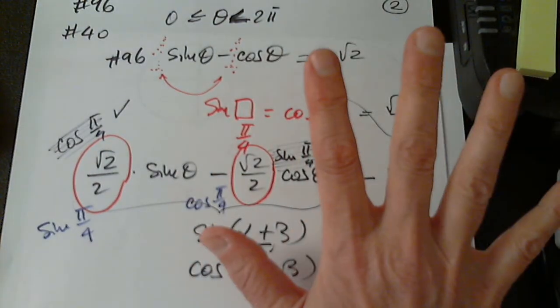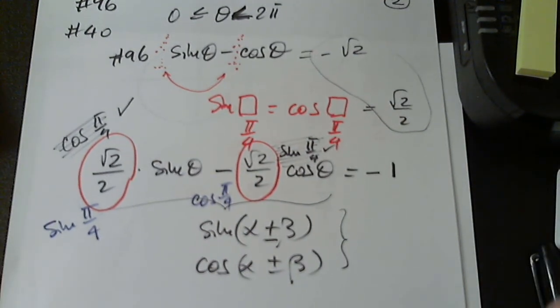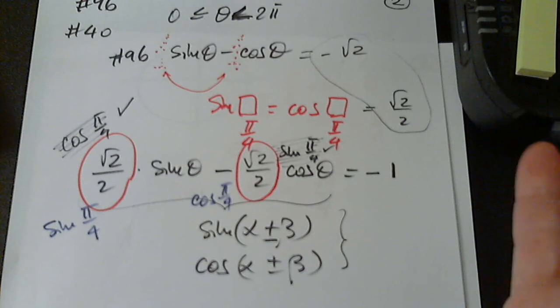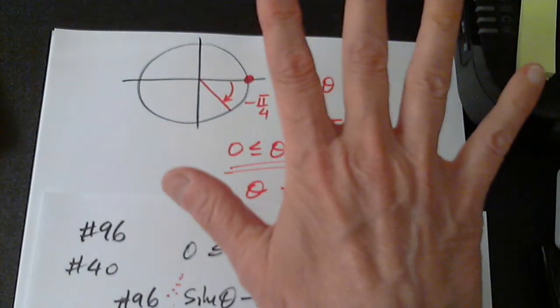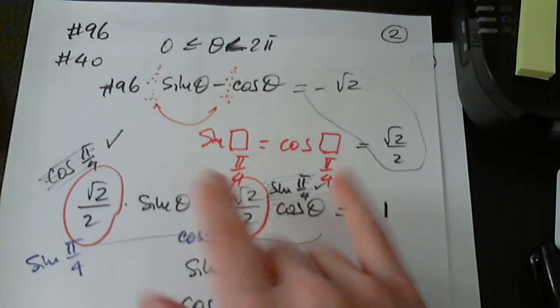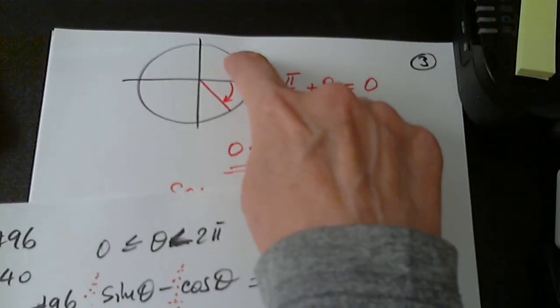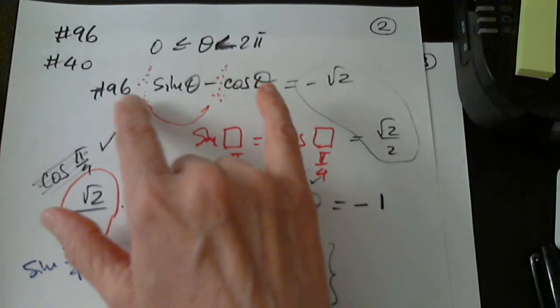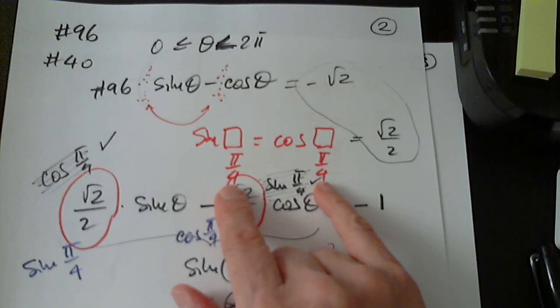There are other angles, like pi over 4, 3 pi over 4, 5 pi over 4 and so on, but we're talking about the situation in which sine and cosine are both positive, the square root of 2 over 2. That's the only quadrant where both are positive. So because these two are equal, I can only think of pi over 4. There is no other angle.